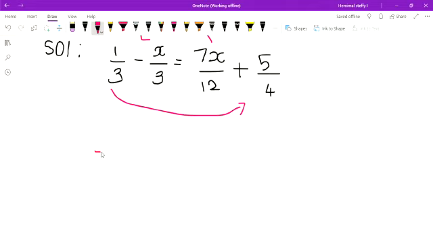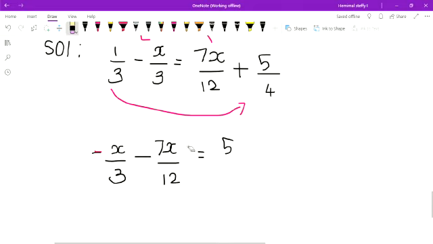Already here minus x by 3 is there, and then here it changes to minus 7x because it had the plus on the opposite side. So going to this side, minus 7x by 12 equal to, same procedure we follow here also. I will write the 5 by 4 as it is.